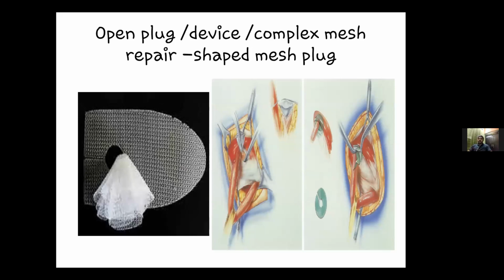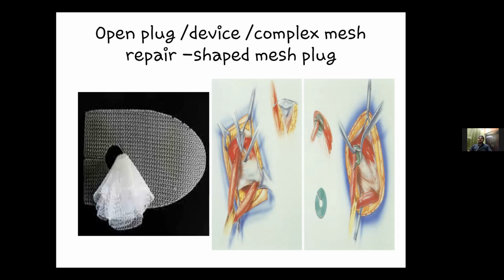Next it is the open plug device complex mesh repair. Sir, over a period of time, the surgeons and the medical industries came up with a creative idea to improve the open mesh repair technique. That's where they came up with some innovative techniques called shaped mesh plug. It is mostly famous in European countries because it is easy to place this mesh inside the defect with little fixation.